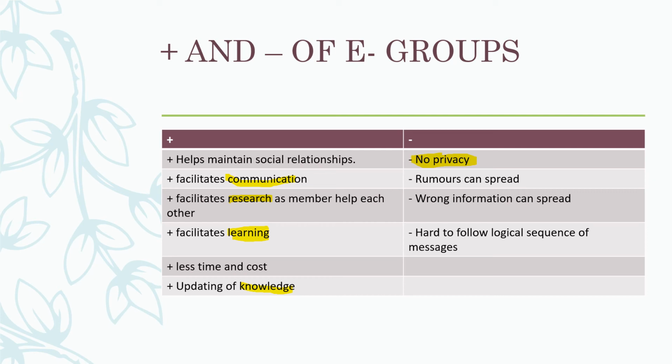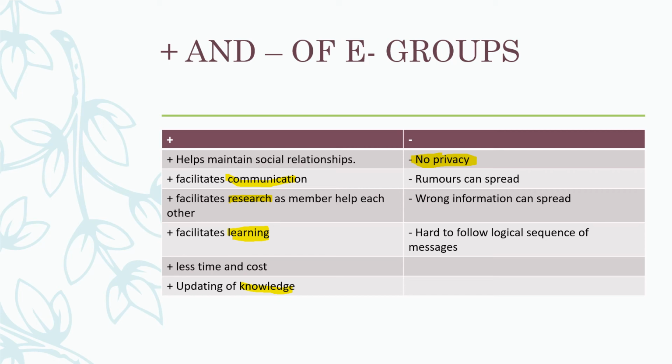This especially happens in the case of WhatsApp, where people spread wrong information without confirming the source first. Especially in the case of the corona outbreak, which we are witnessing nowadays, people are spreading wrong information, which is causing harm to other people. So wrong information can spread. It is linked to rumors.